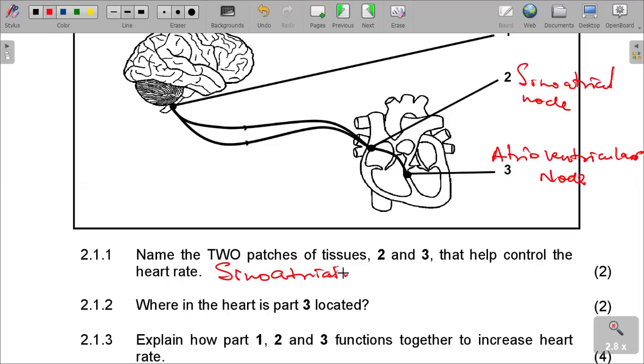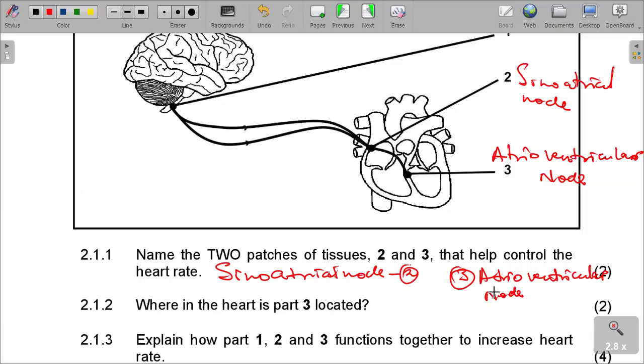So 2 is the sinoatrial node, and then 3 is the atrioventricular node.